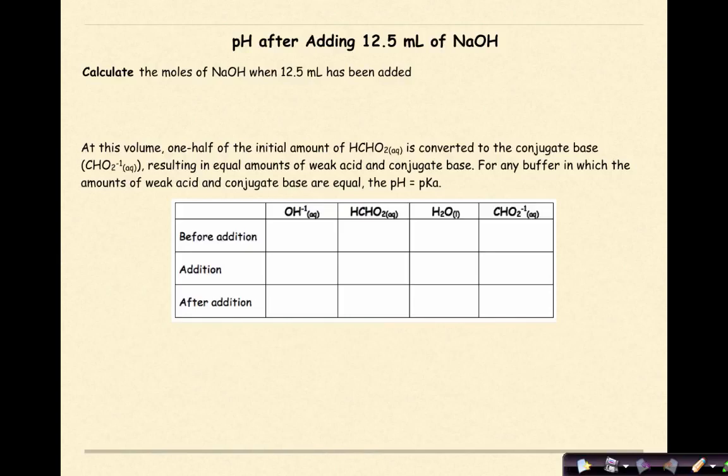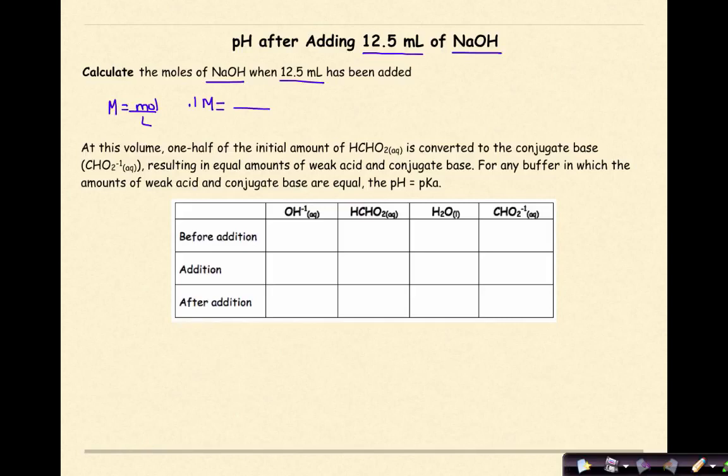Now let's look at the pH after adding 12.5 milliliters of sodium hydroxide. So again, we're going to calculate the moles of sodium hydroxide when 12.5 milliliters has been added. So molarity is equal to moles over liters. We know that the initial molarity of the base is 0.1 molar, equal to our new volume here, which is 12.5 milliliters.